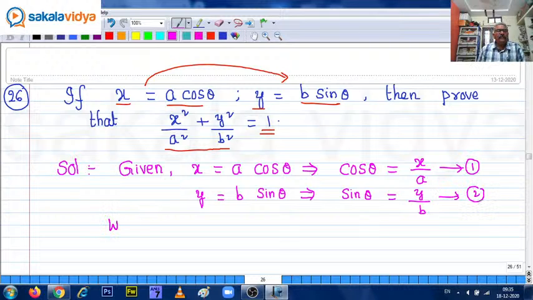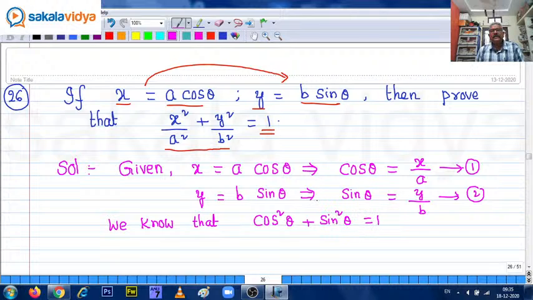So we know that cos square theta plus sin square theta is equal to 1. So replace cos theta is equal to x by a here. X upon a whole square plus y upon b whole square equals to 1.